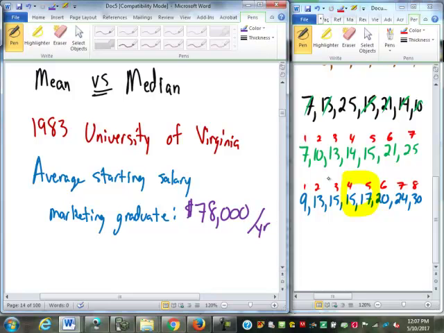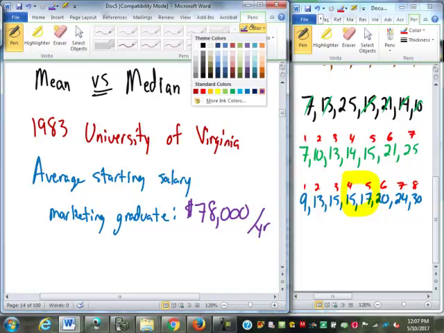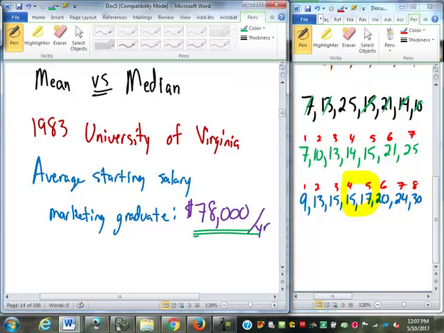Now, $78,000 is a pretty impressive starting salary now. Go back to 1983. In 1983, your average high school teacher was starting out of college, their first job, $17,000, $18,000, if that. Some of them down to $16,000 a year. So $78,000 was an impressive starting salary.